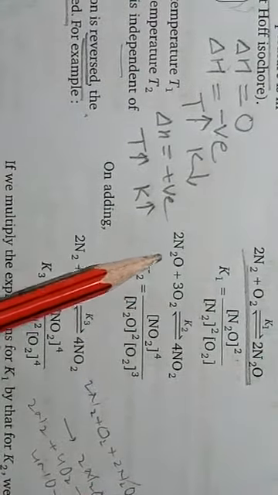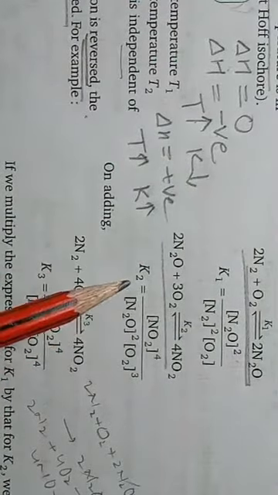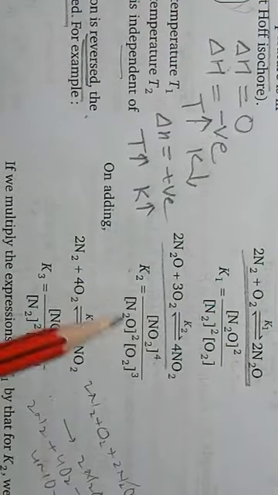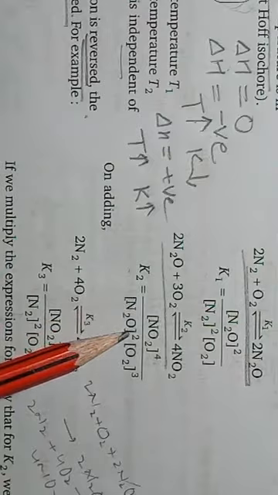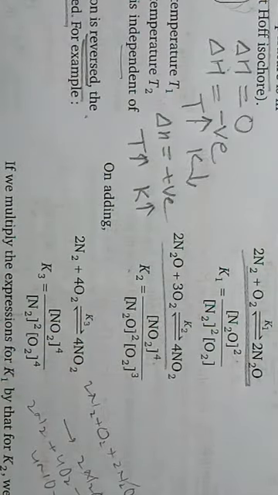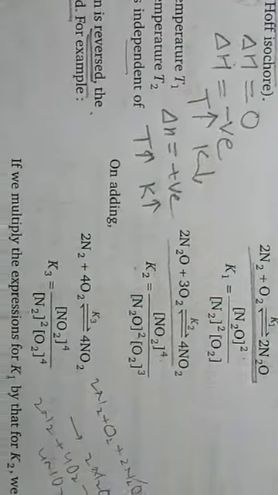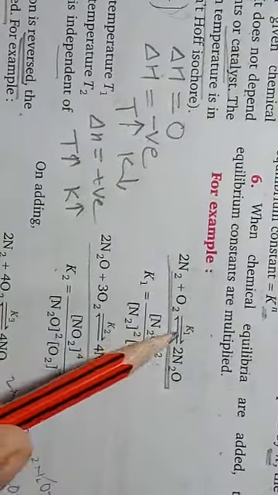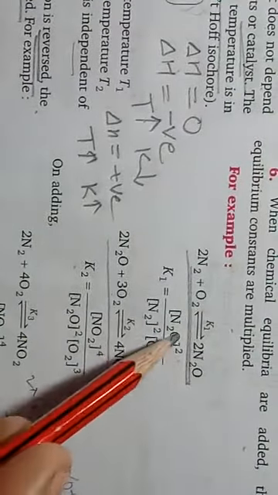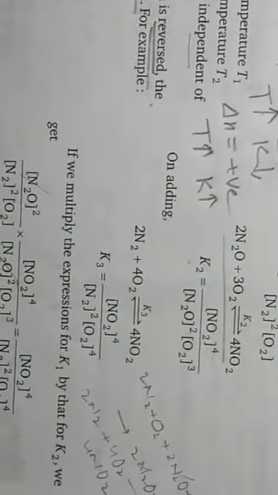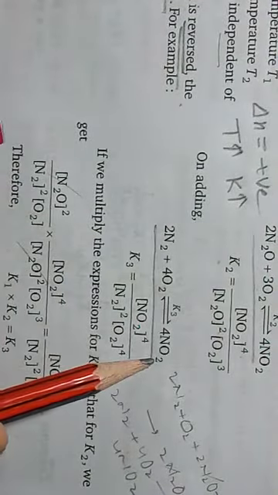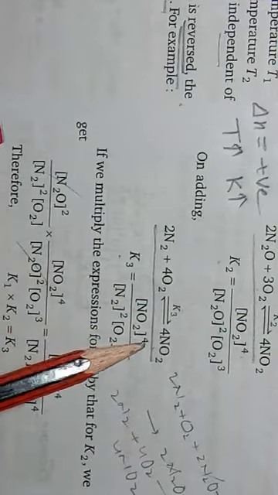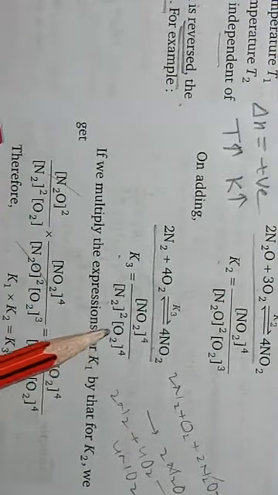The second equilibrium is this, and for this the equilibrium constant K2 is NO2 to the power 4 divided by N2O to the power 2 and O2 to the power 3. Now if we add the first and second equilibria, we get this equation, and for this equation the value of K3 will be NO2 raised to the power 4 divided by N2 raised to the power 2 and O2 raised to the power 4.